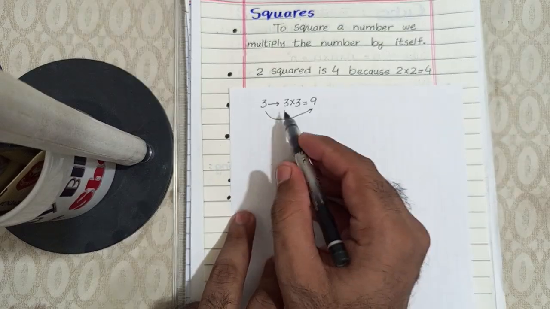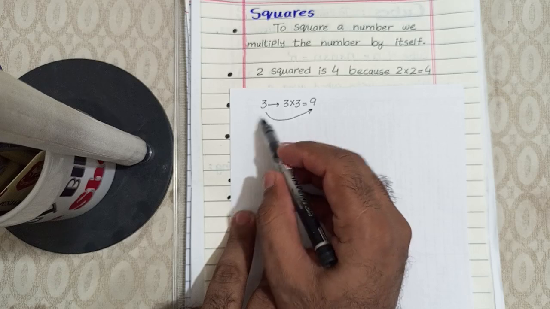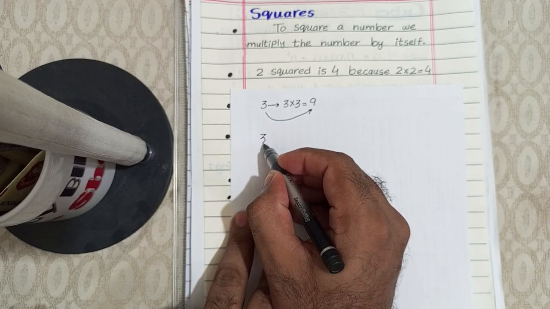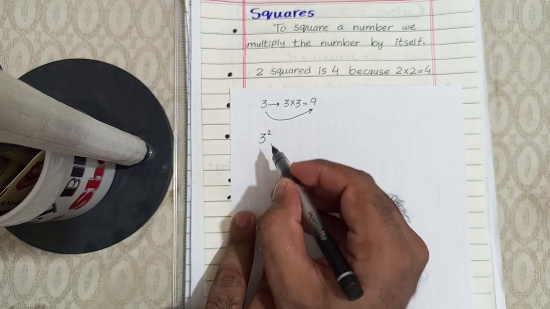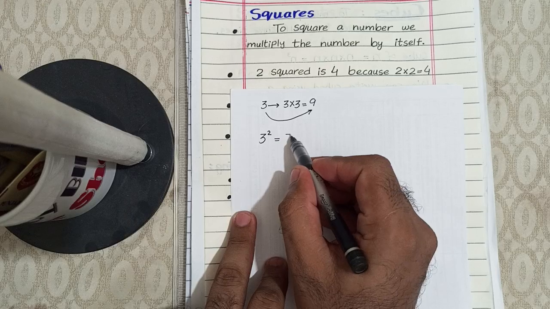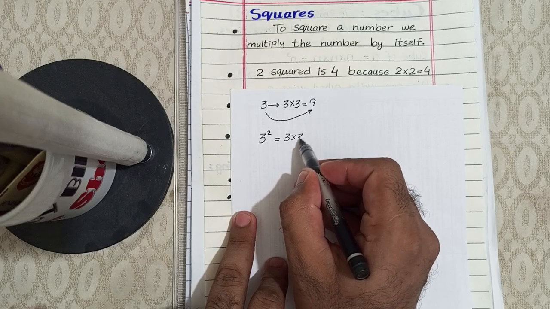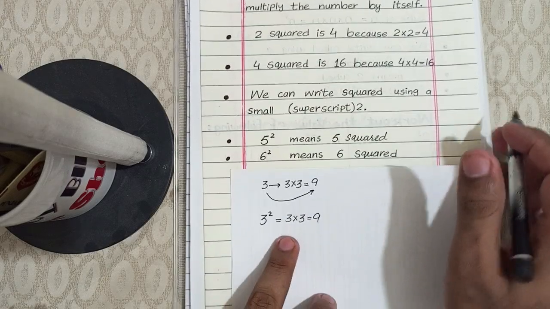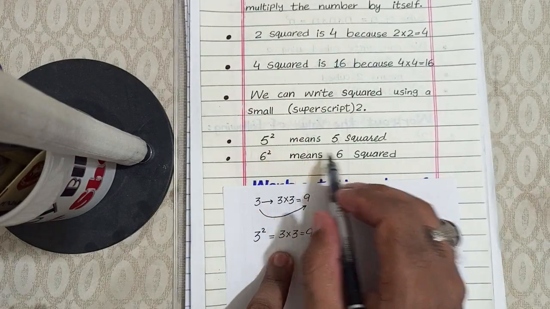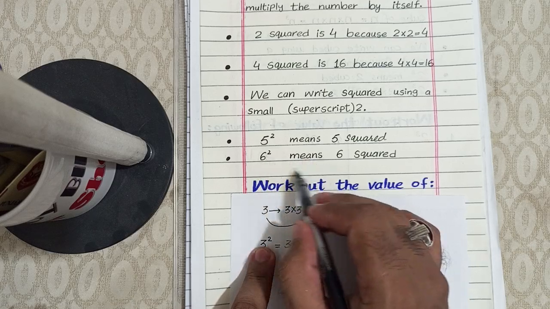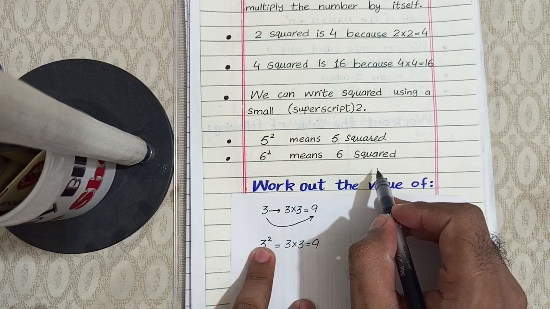For example, the square of 3 is written as 3 squared, which is equal to 3 multiplied by 3, equal to 9. 5 squared means 5 square. 6 raised to power 2 means 6 square.